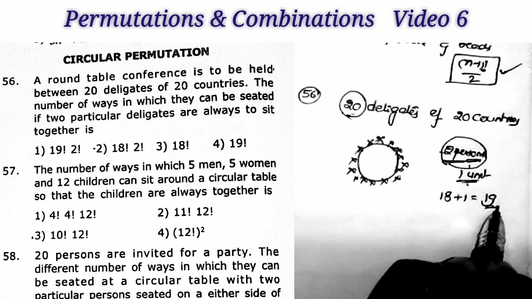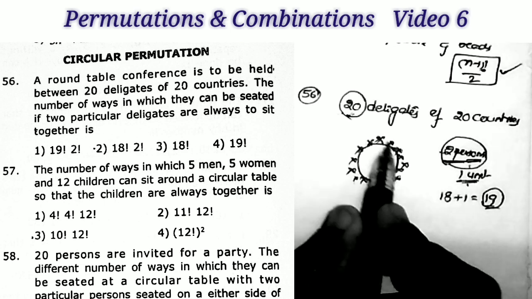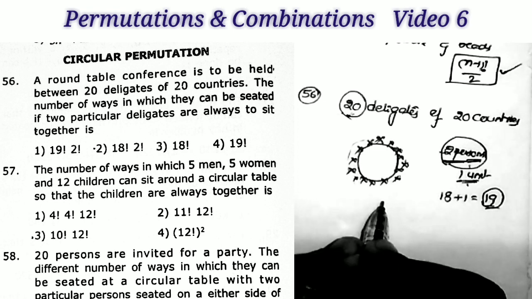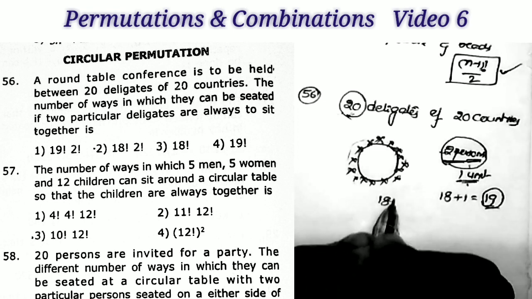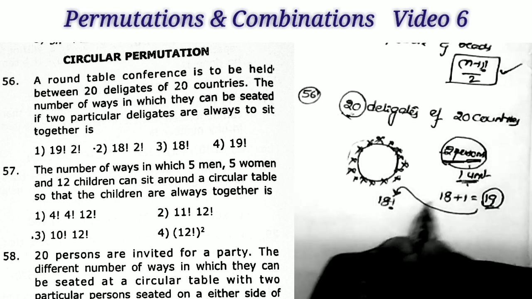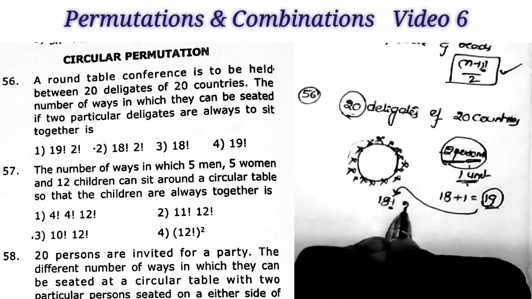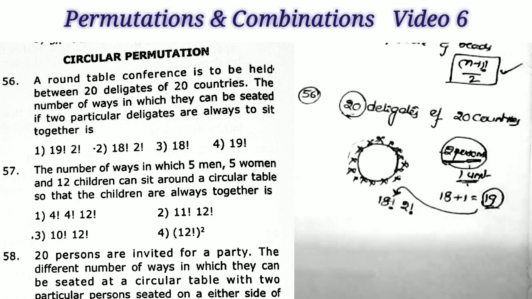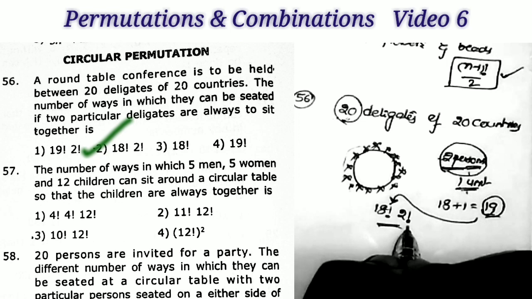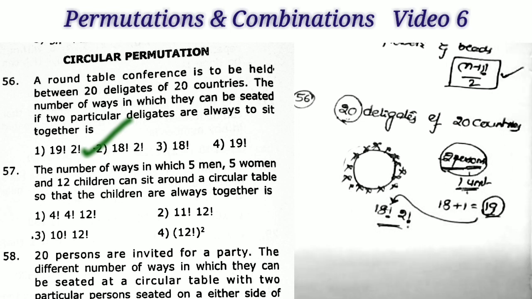Now we have to arrange these 19 members in a circular way. What is the formula? (n minus 1) factorial, that is 19 minus 1 factorial, 18 factorial. And the two persons can be rearranged among themselves in 2 factorial. Therefore, the answer is equal to 18 factorial into 2 factorial. That's all. That is the answer.